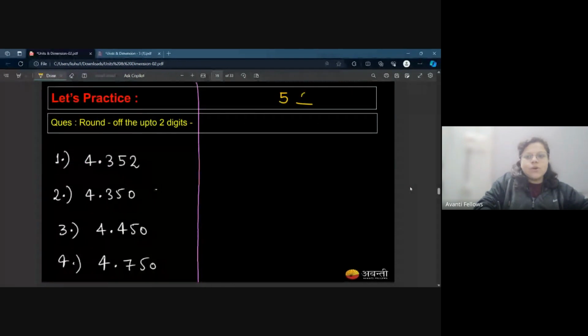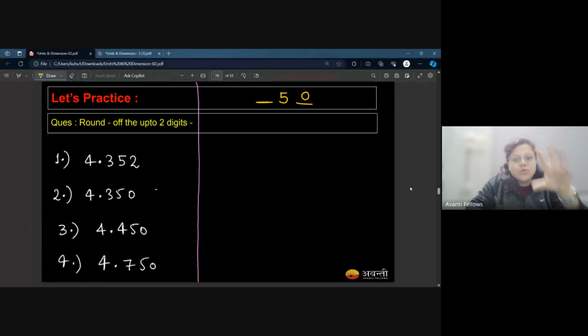Let's say we have 0 over here. Okay? If I have 0 after this 5, I have to check what is the digit preceding the 5. What is before the 5? It is either odd or even. So I will make a table over here. Let's say it is odd, then I have 5, and then I have 0.